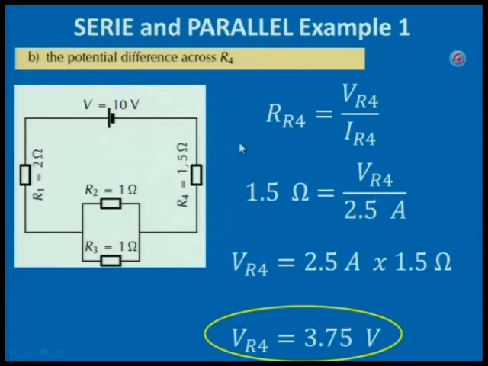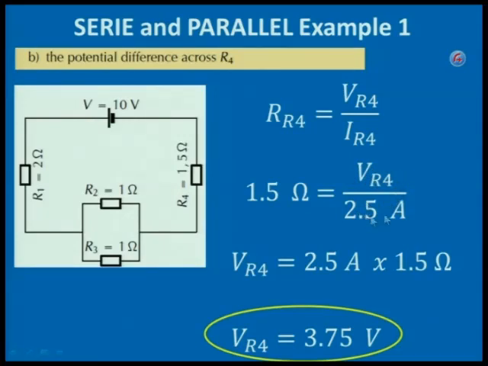Part B, the potential difference across R4. So, Ohm's law, R is V over I. The resistance in R4 is 1.5 ohms. V, you want to calculate the potential difference over R4.